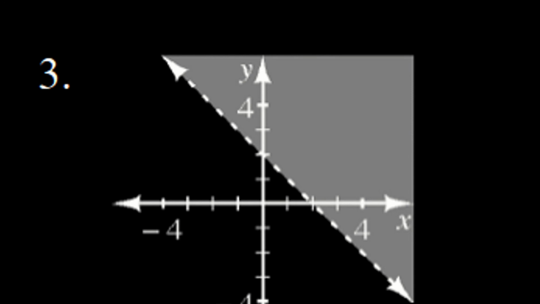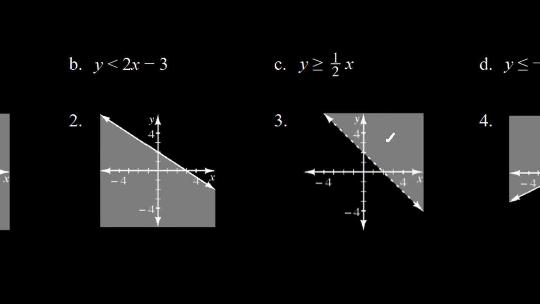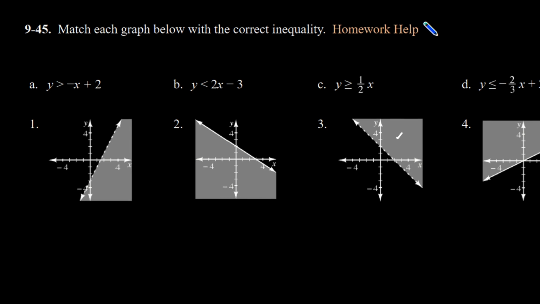And my y values are shaded above the line. So I believe the inequality that goes with graph 3 is y is greater than the opposite of x plus 2. So this is A. Number 3 should go with A.